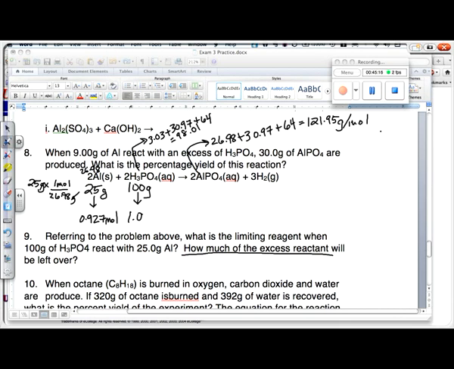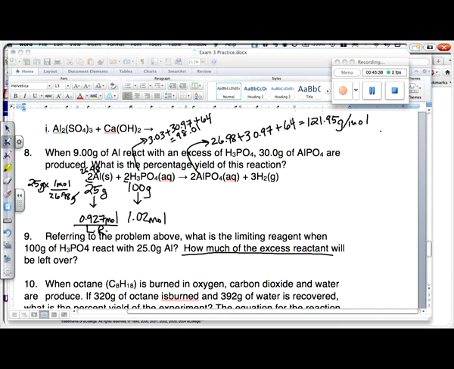Now, what we do at this point is we divide by the coefficients. We have the same coefficient here, 2 and a 2. So that automatically makes the aluminum the limiting reactant. Okay? To determine the amount of the excess left over, I am going to move from the limiting to the excess.